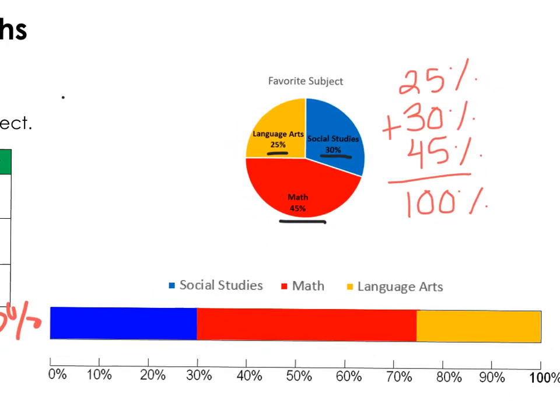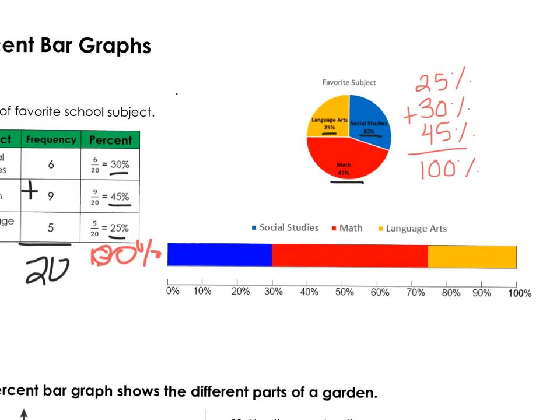Well, we're doing the same thing with a percent bar graph. These three sections represent 100%. These three bars on the graph should also represent 100%. So let's go ahead and let's look at how we would read it.